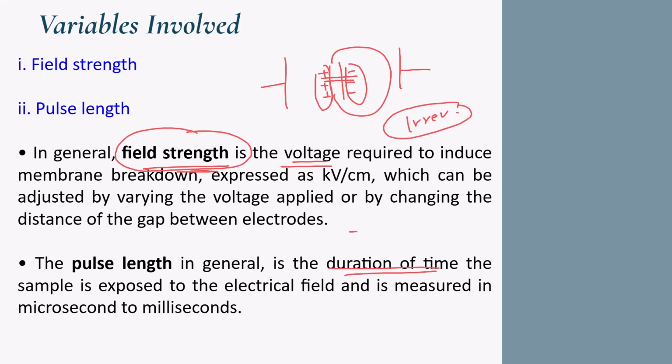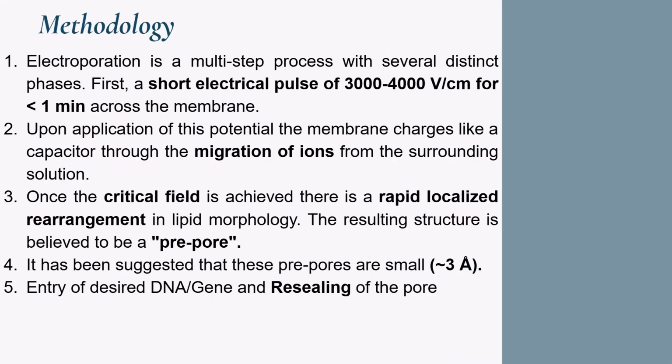If the time is too long or too short, then proper pore formation may not occur or the cell may die. So both these variables must be optimized before starting the experiment. And methodology, these are the notes. You can go through the notes. I will go to the diagram to explain it. Okay.